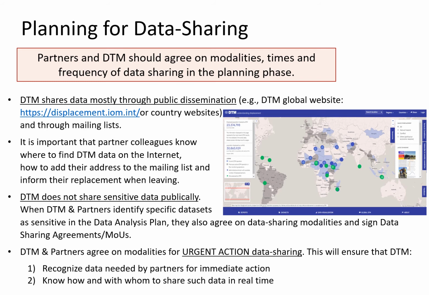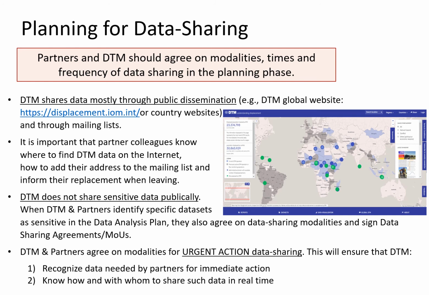In addition to data shared after processing, DTM and partners should also agree on the modalities for urgent action data sharing. Those are data that need to be shared immediately as collected with the right partner which will be able to give an immediate response.